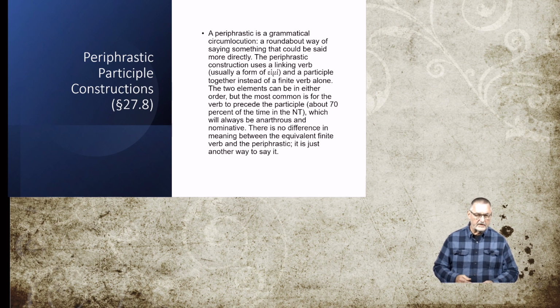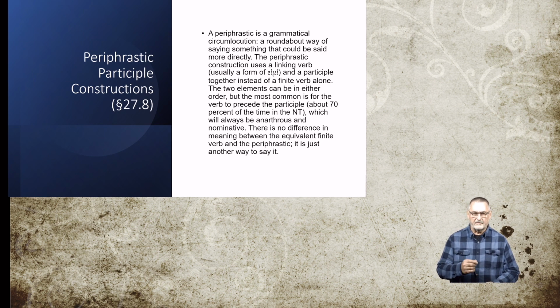The two elements can be in either order, but the most common is for the verb to precede the participle, about 70% of the time in the New Testament, which will always be anarthrous and nominative. There's no difference in meaning between the equivalent finite verb and the periphrastic. It is just another way to say it.